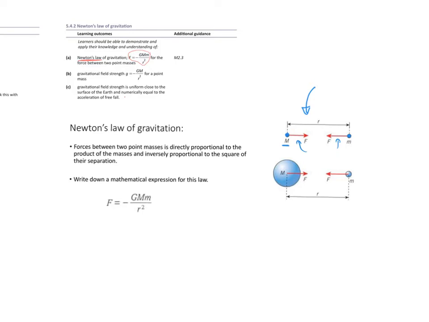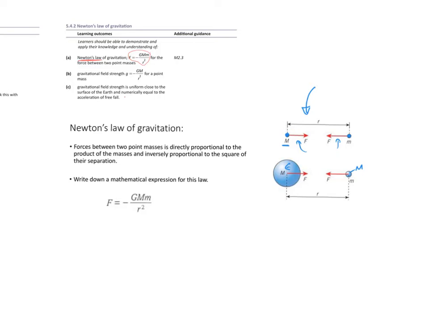And if we put it in real objects, like for example the Earth and the Moon, then the force experienced by the Moon due to the Earth is the same as the force experienced by the Earth due to the Moon, but in the opposite direction.